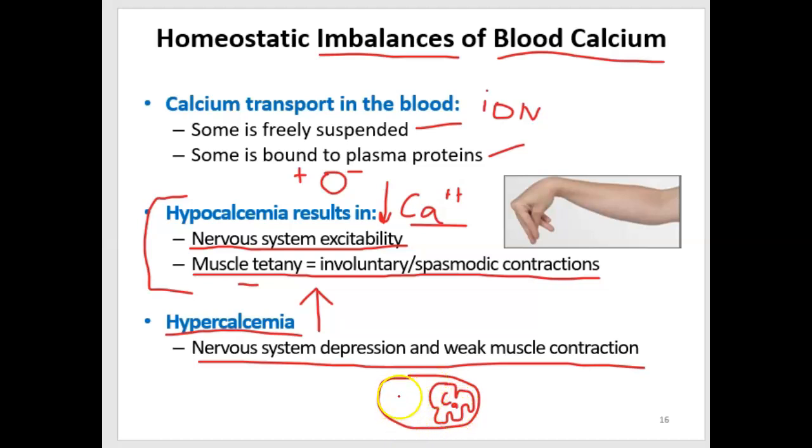And you have excess calcium out here, right there. Most of the time, the calcium doesn't release as easily to cause the muscle contraction inside the muscle cell.